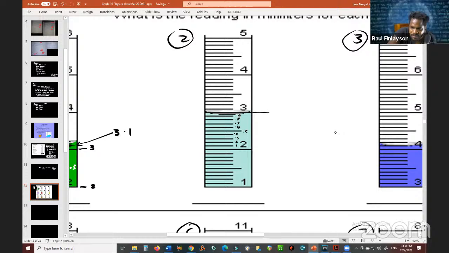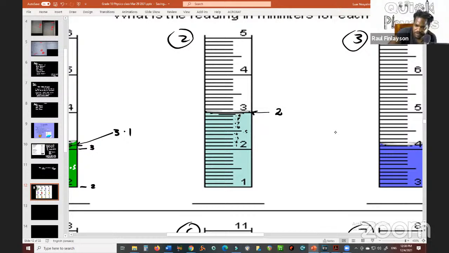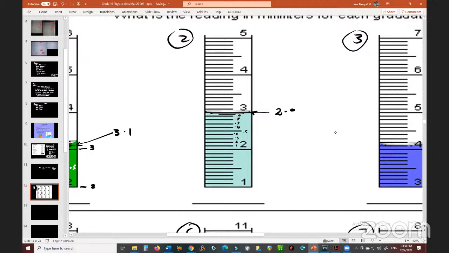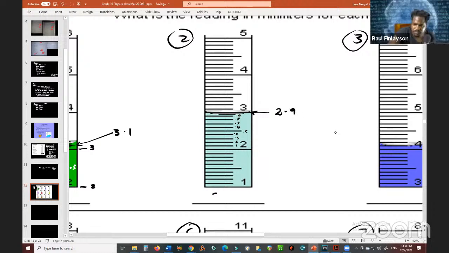The surface of the liquid is above that. Remember it says read below the line. So we're going to have to give it what number now? It's below 3. So it will be what? 2.9. Yeah, that's it. 2.9. All right, 2.9. That's it.